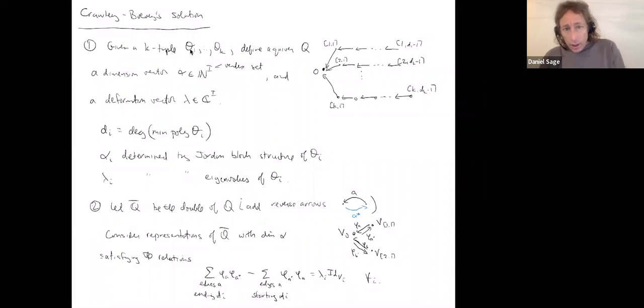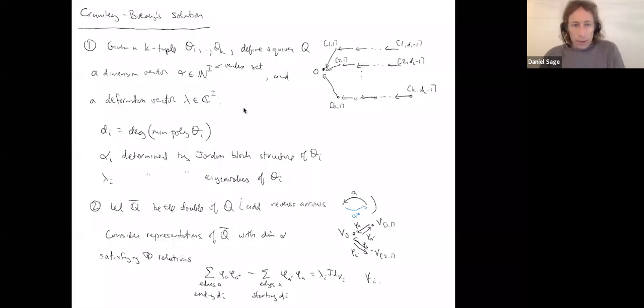So what is this quiver? I have a base point, and then one tail for each of the orbits, and the length of the tail is the degree of the minimal polynomial of Oi. Not the characteristic polynomial, the minimal polynomial. So these tails have different lengths.